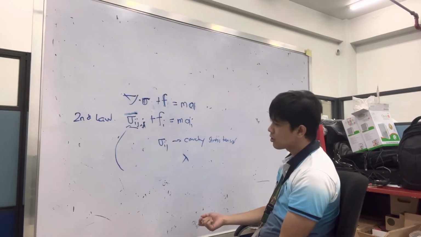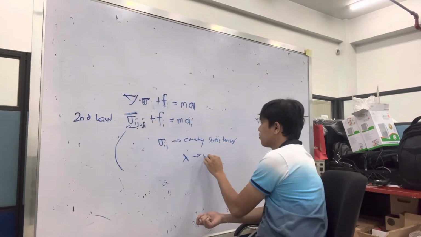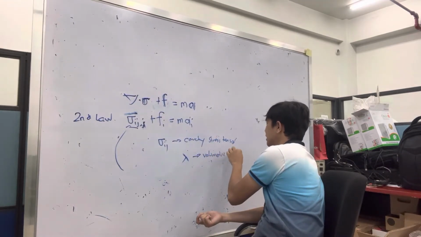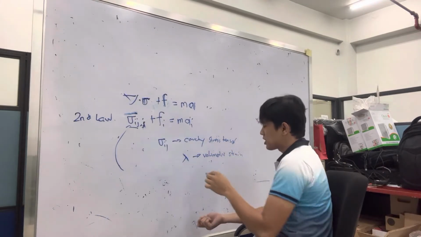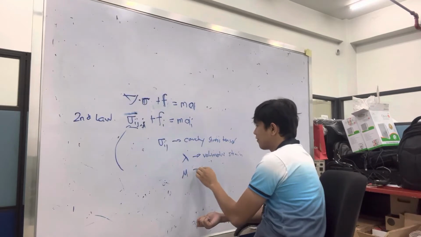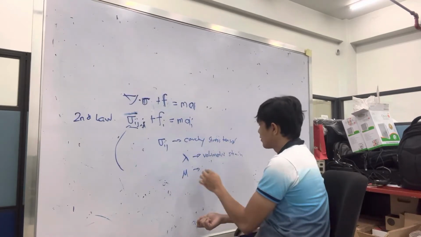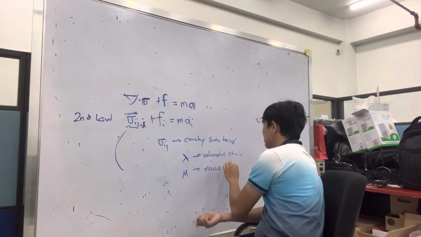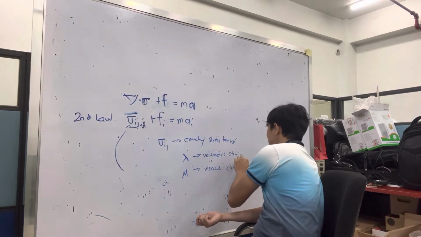So yung bulk viscosity mainly affects what's called yung volumetric strain. Tapos, yung molecular or kinematic viscosity, so this one is viscous strain, mainly deviatoric siya.